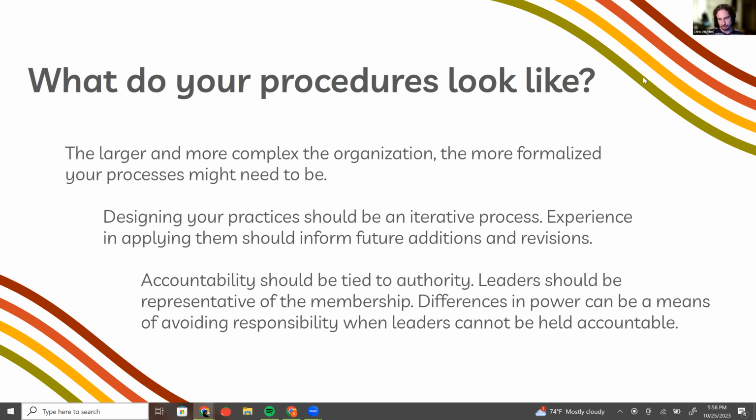And so what I mean by iterative is something where you're kind of going in a cycle. Like when you're having any kind of project, you're evaluating at the end, you're trying to figure out what worked, what didn't. You try to pinpoint what particular reasons you think these things worked and didn't. And you want that to inform your process because you're probably going to run into a similar problem in the future.